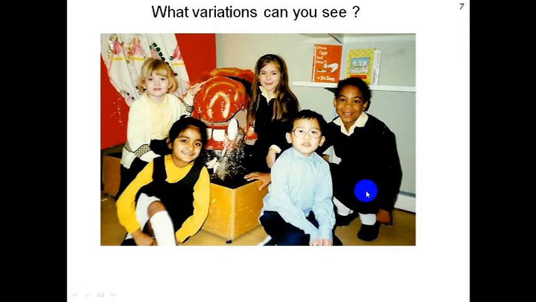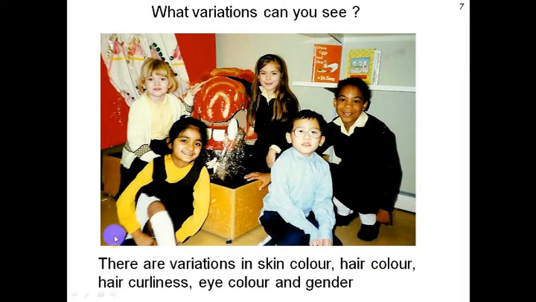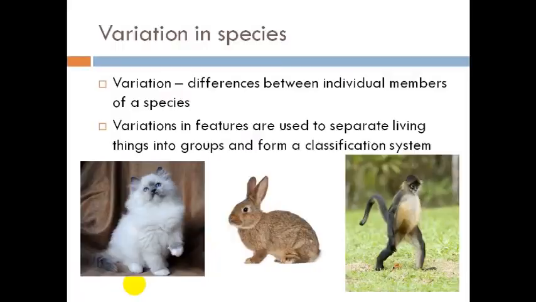They have different characteristics which tell us that each individual is different. All of us have variations: skin color, hair curliness, eye color, and also gender. These are all characteristics that can be categorized under variation.